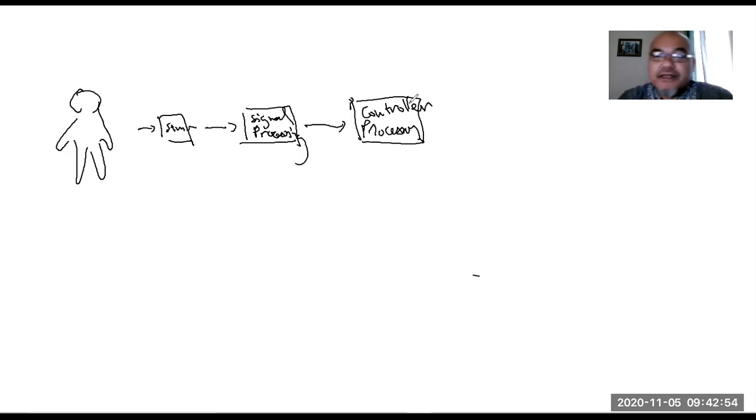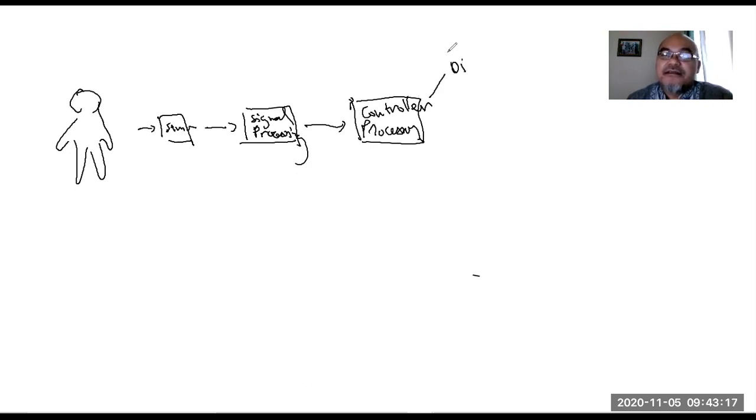But now, with the advent of the computer since the middle of the 20th century, most medical instrumentation has some form of digital processor. It can be a microprocessor, microcontroller, digital signal processor, etc.